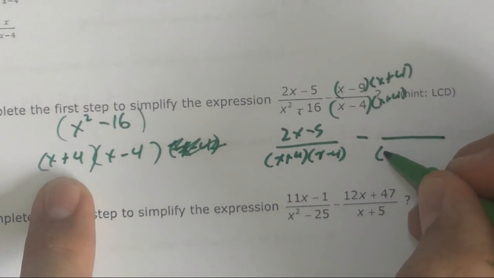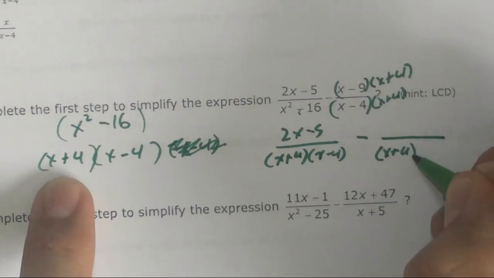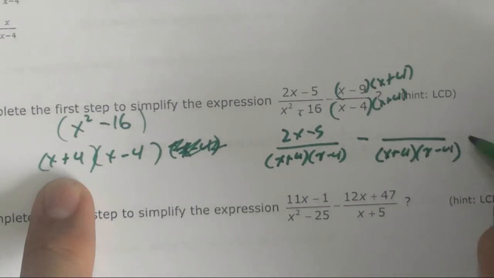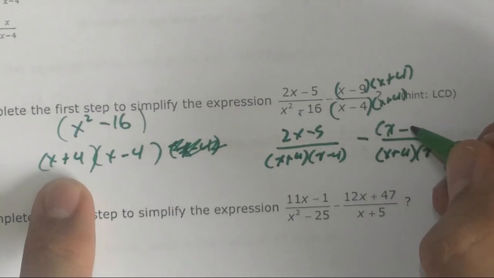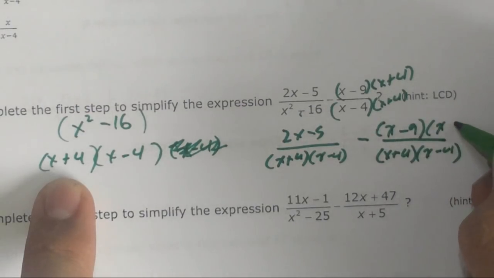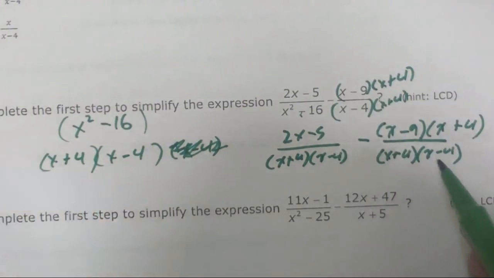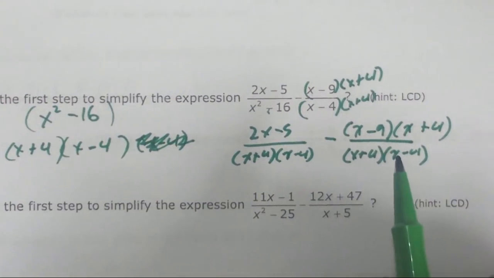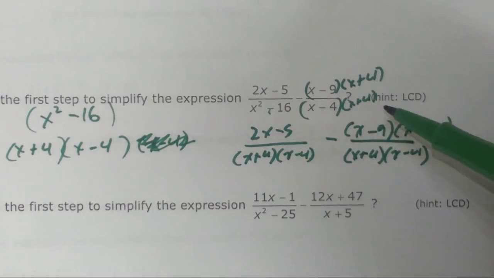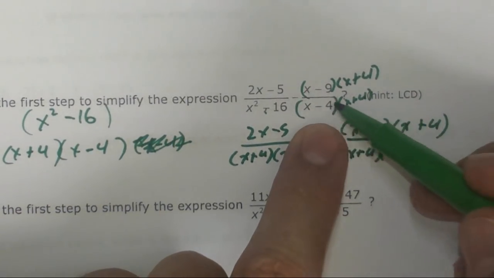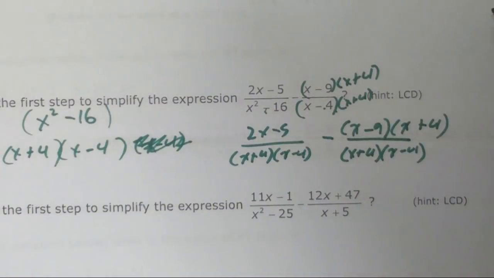That gives me my matching bottom, x plus 4, x minus 4, and the top I have x minus 9, x plus 4. That's my first step in solving this. I have to multiply this second term by whatever's missing from my least common denominator, so I can make this my least common denominator.